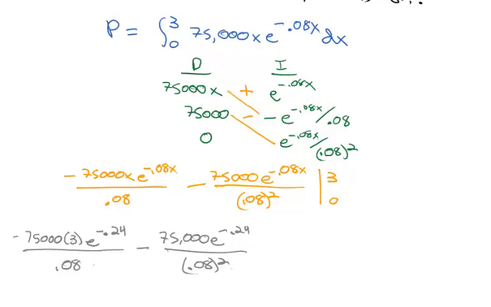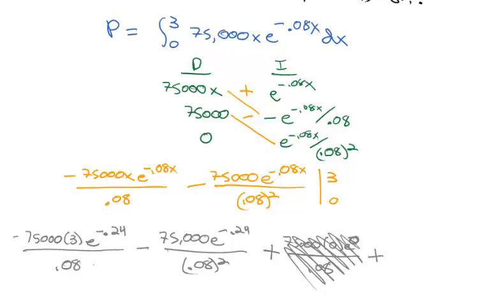Then we subtract, so this is going to change our signs. Now it's a plus 75,000 times x, which is 0, e to the 0, over 0.08, and that's nice because there's a 0 multiplied in there. Anything times 0 is 0.